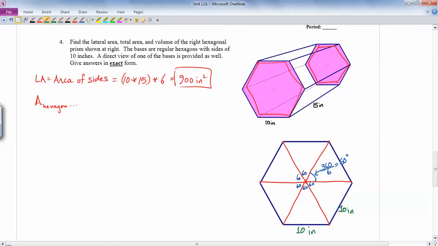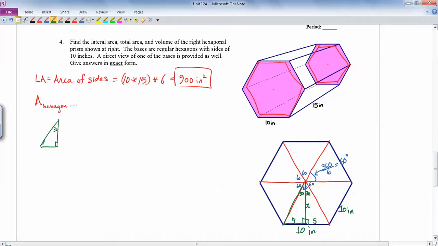And then let's cut it down the middle so we can get the, oh wait, actually I already know the base is 10, so that gets cut into 5 and 5. We just need the height then, x. And this angle gets cut into 30 and 30. So that means we're looking at a 30, 60, 90 triangle right here. So let's use that idea.